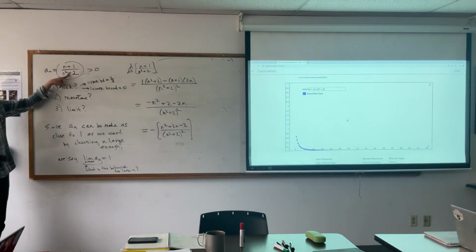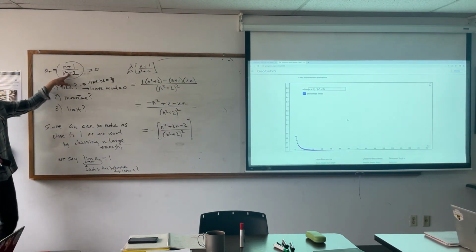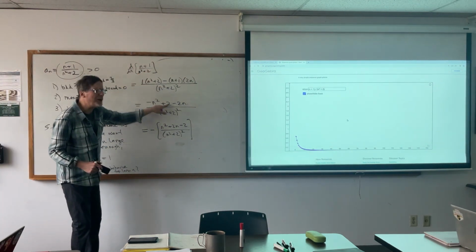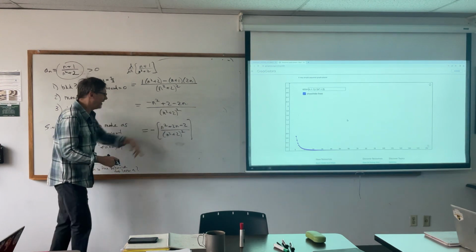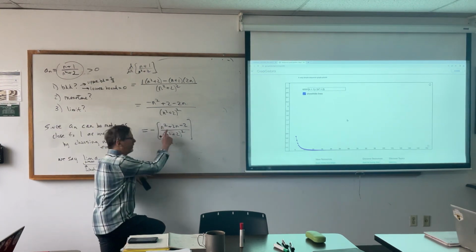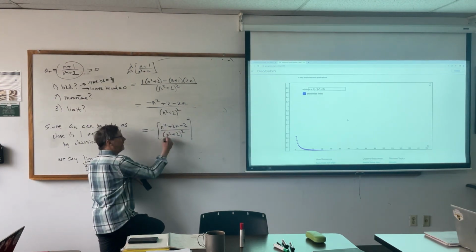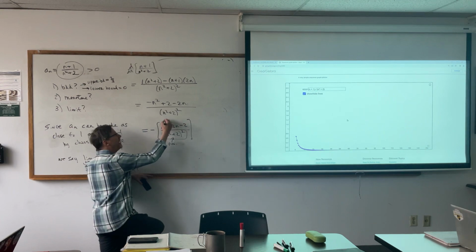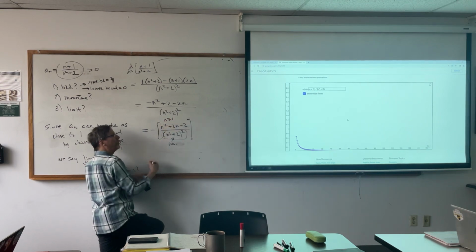So I took the derivative of this with respect to n. Used the quotient rule. Did a little bit of finagling and I got down to this. So check this out. Here's the derivative with respect to n. This bottom is always positive. The top, remember that n is bigger than or equal to 1 for us.